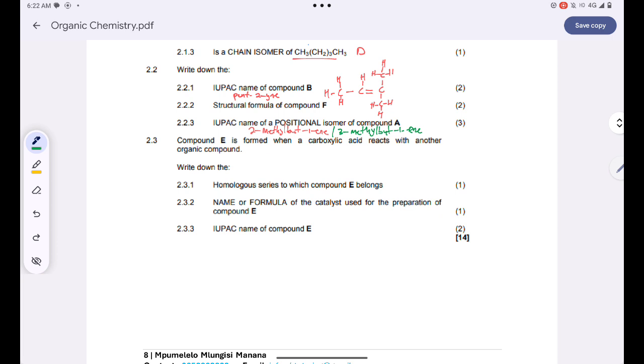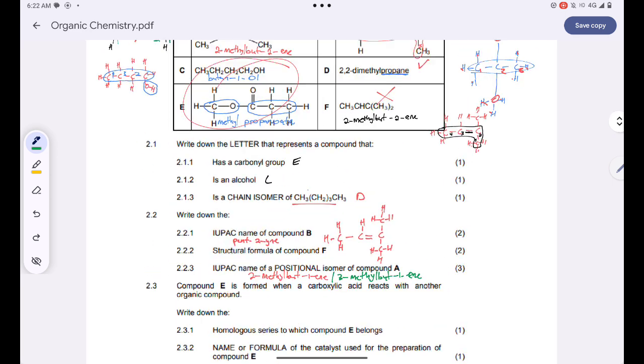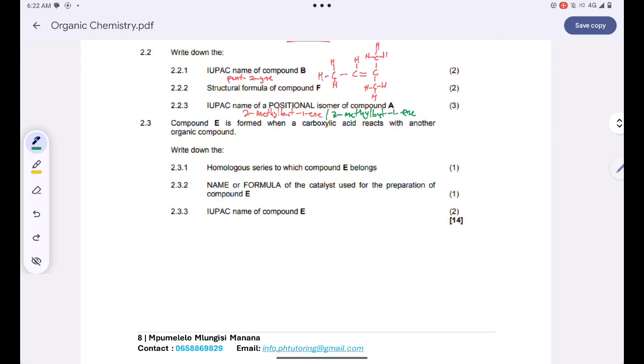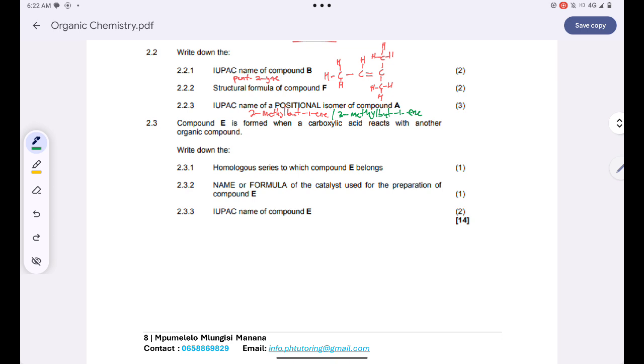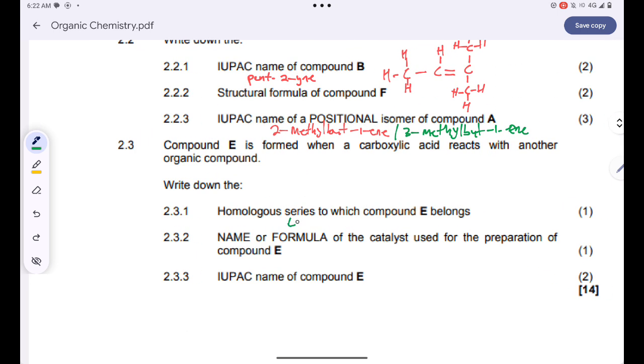Okay, compound E is formed when a carboxylic acid reacts with an organic compound. Compound E is an ester, rather. We need a primary alcohol and a carboxylic acid to form an ester. Okay, write down the homologous series to which compound E belongs. Compound E is an ester.